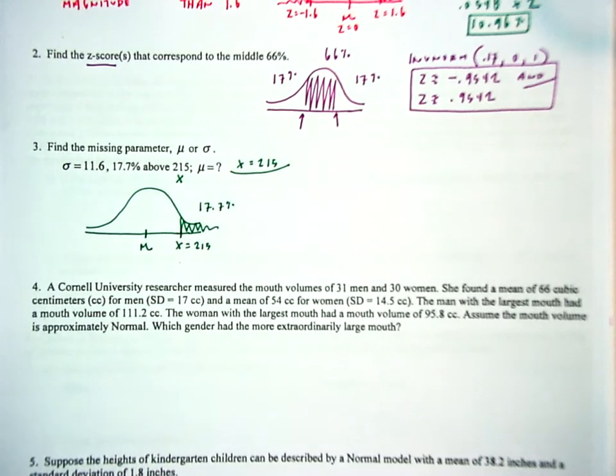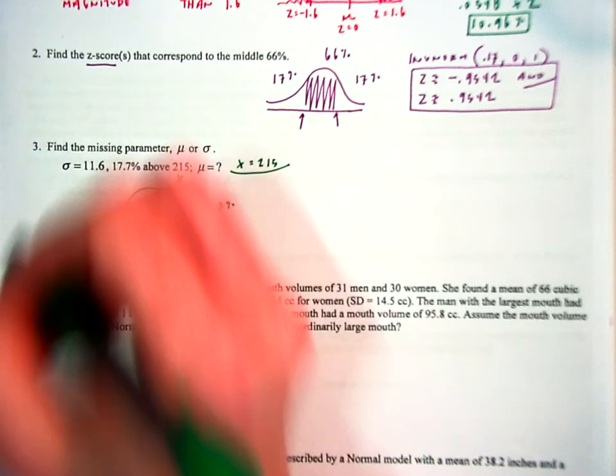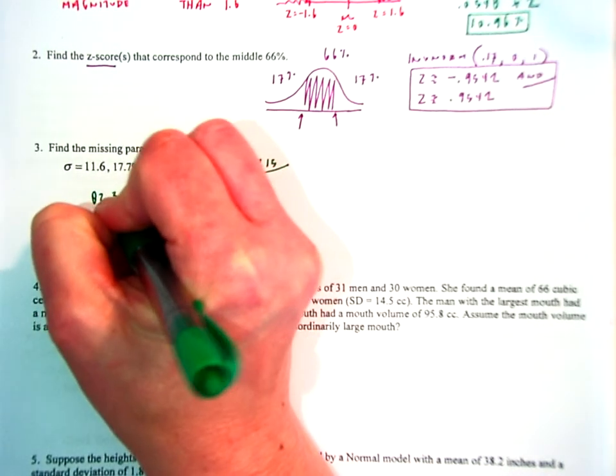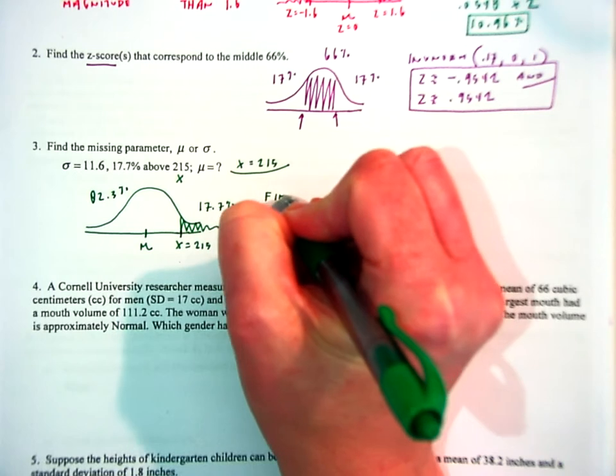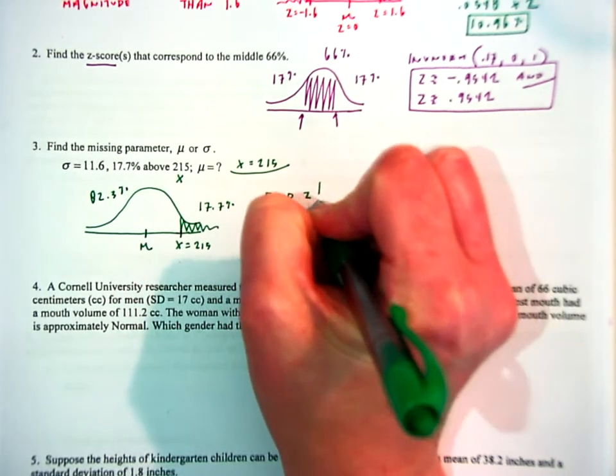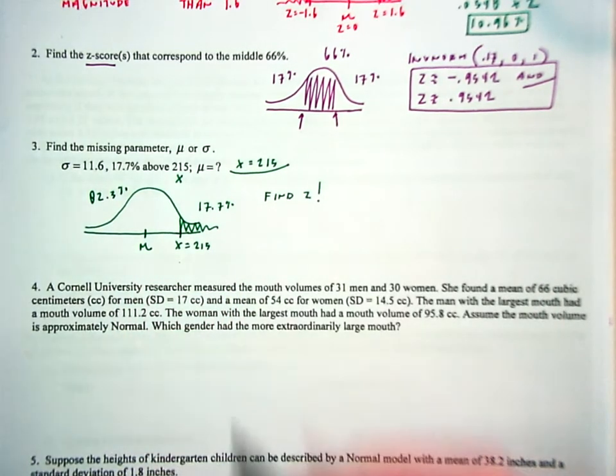Okay, I know that to find my z-score, I always have to know the proportion below. So if I take 100%, subtract 17.7%, here we go, 82.3%. So next, I want to find the z-score. So to find the z-score, I use inverse norm.